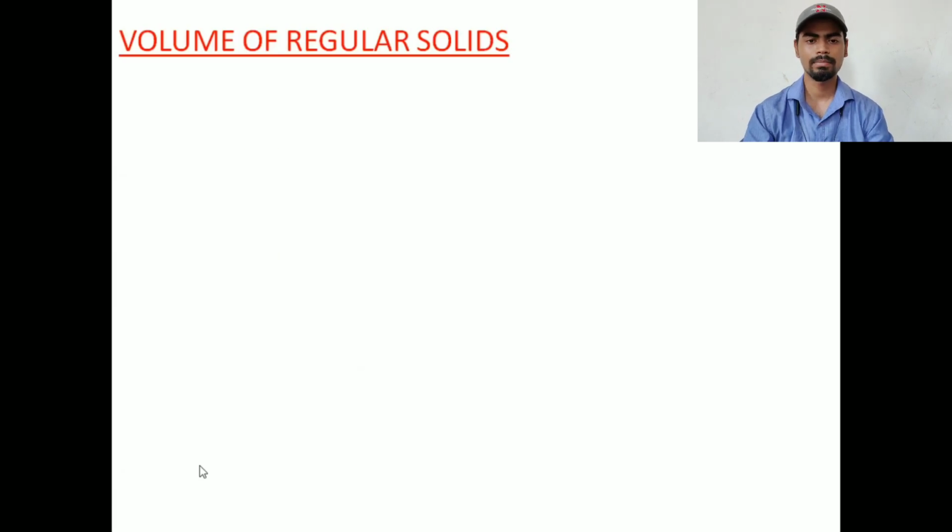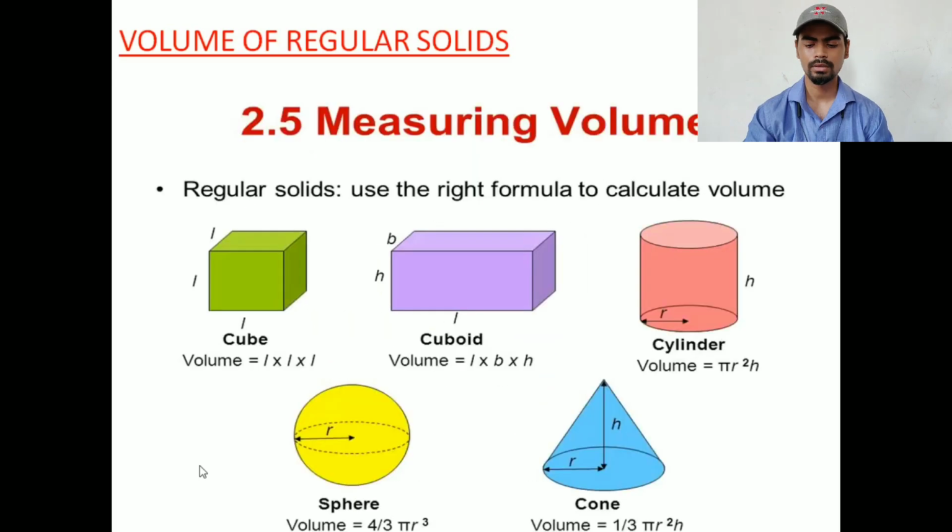So our next topic is the volume of a regular solid. How will you measure the volume of a regular solid? Here on the screen we have a few regular solids: a cube, cuboid, cylinder, sphere and cone.